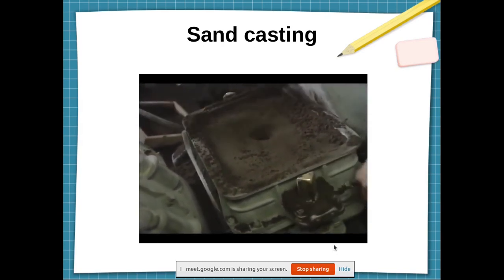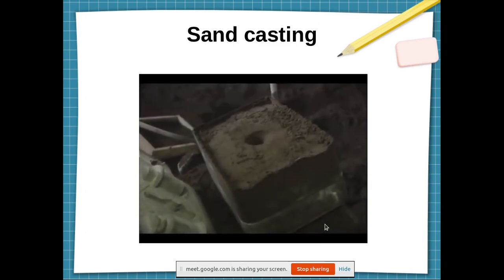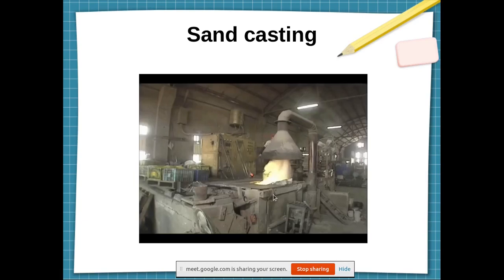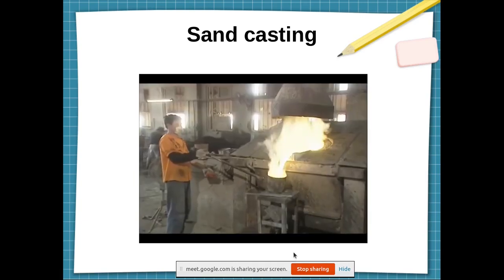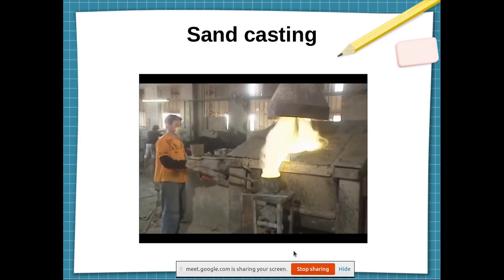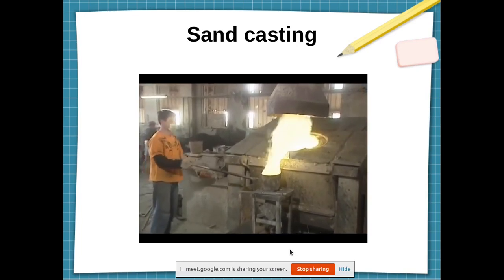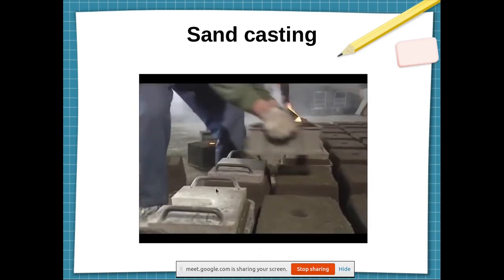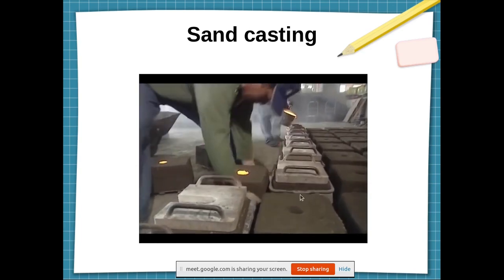It is similar. Until he has made the place to pour that molten metal. So the molten metal is poured within these holes that have been made.